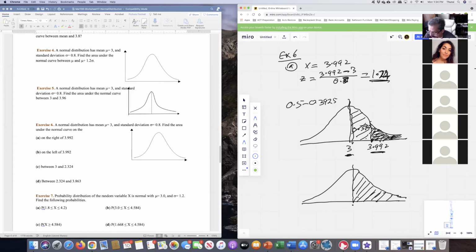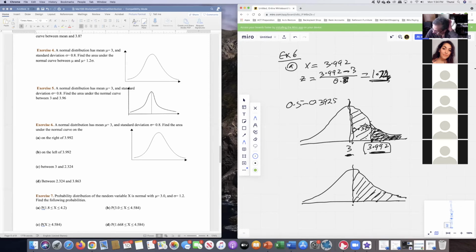How do we get 0.3925? By looking it up in the table. The number was given to us as 3.992, right? I thought you got 1.22, that's why. No, the z-score was 1.24. Okay, I see it.